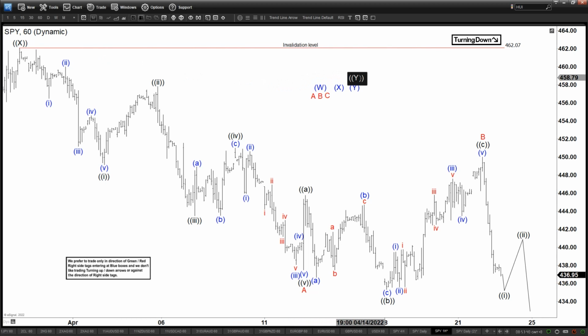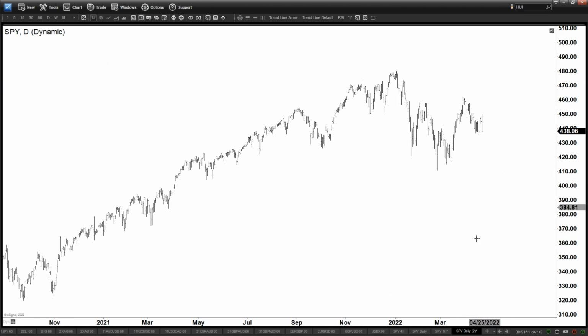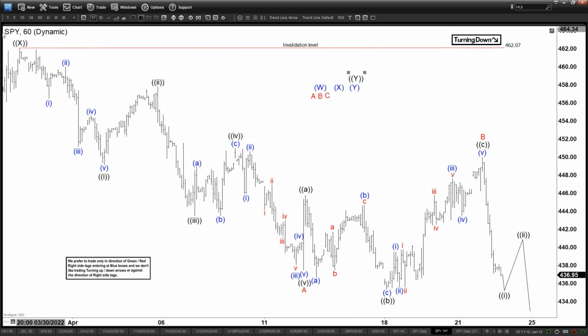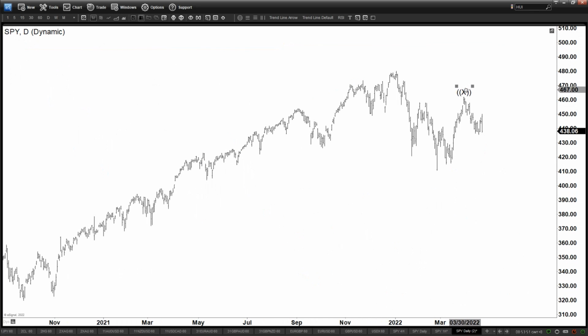So that's the idea. Let's zoom out a little bit to see what we are talking about here. Let me put the X here on the daily time frame. So this is the X. Now the W can be either here or here, because this one is looking like a flat, but for the time being, let me put the W here for simplicity. So you can label this like an ABC.